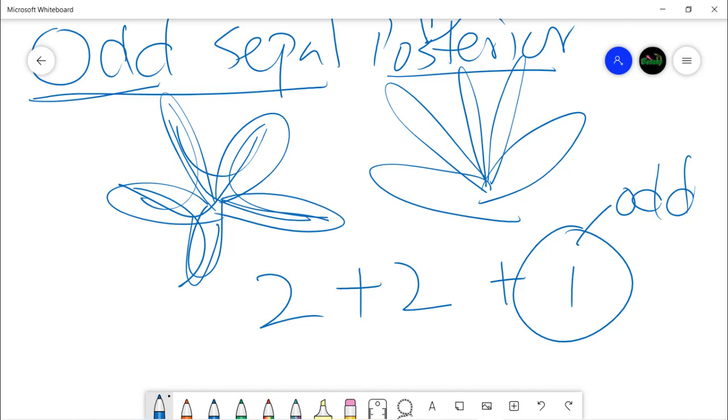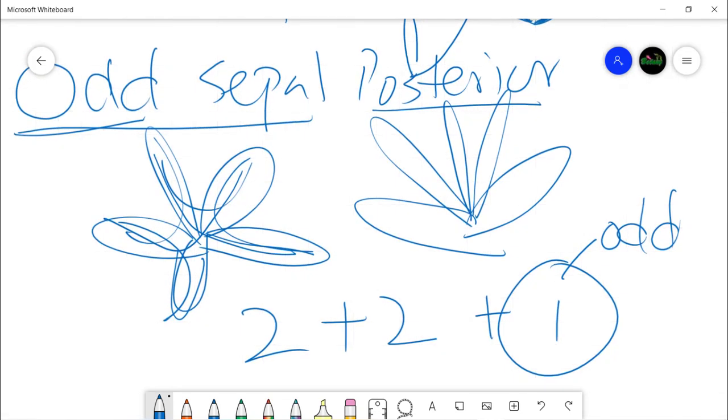So that part of the flower which is towards the mother axis is known as posterior. So this odd sepal is towards, so to say, the mother axis, so it is posterior. More about it inshallah in the discussion of the floral diagram. For the time being, all you have to remember is that the odd sepal is posterior.